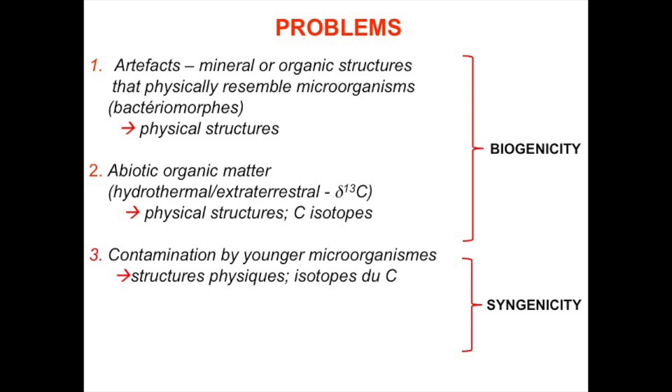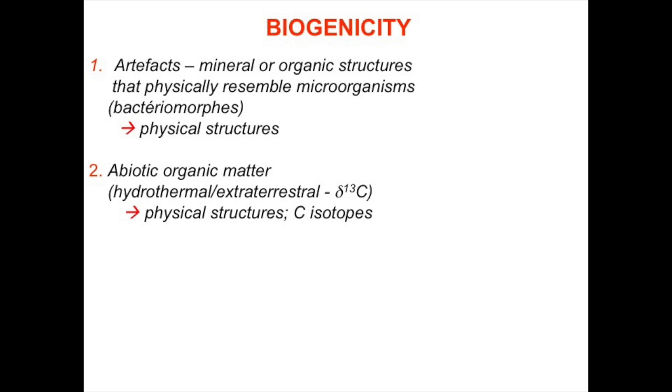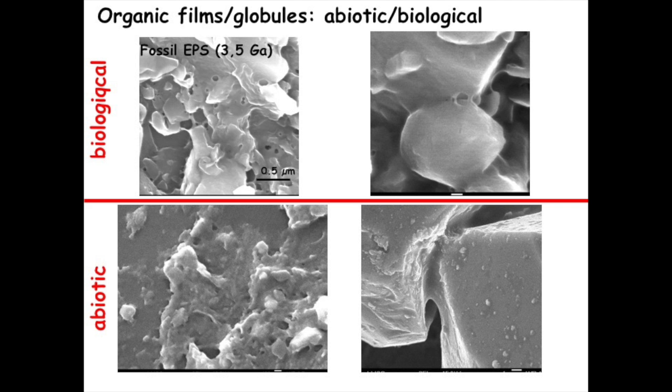So we'll have a quick look at the problem of biogenicity, abiotic versus biological. Now, in the upper images, I'm showing you what I have interpreted as polymer produced by organisms.